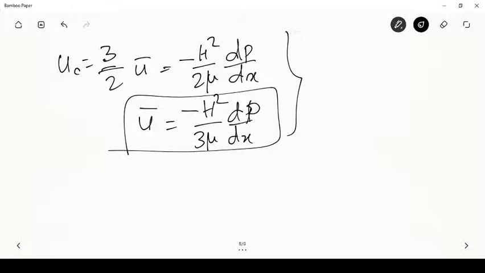Tau wall, which is actually the negative of mu del u by del y at y is equal to h.